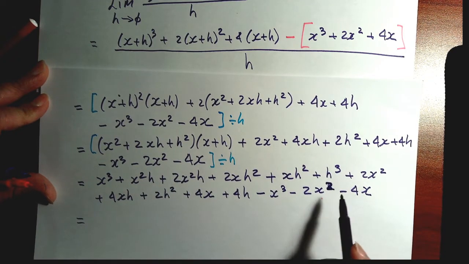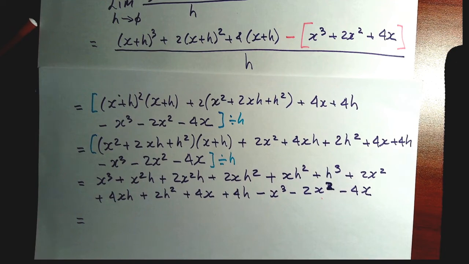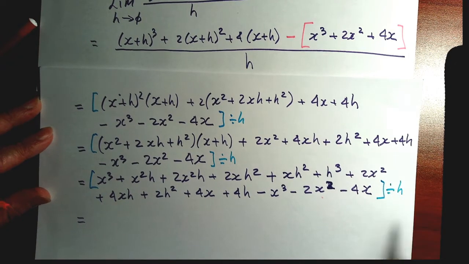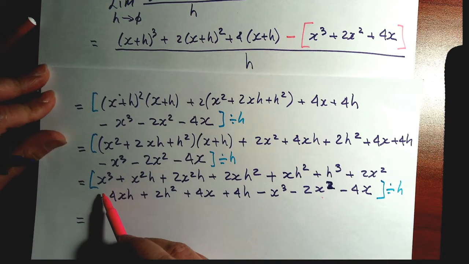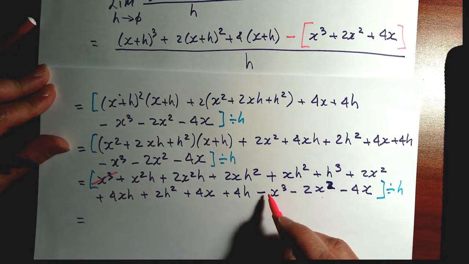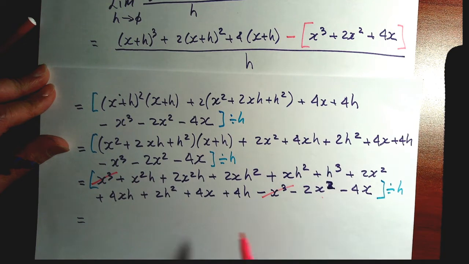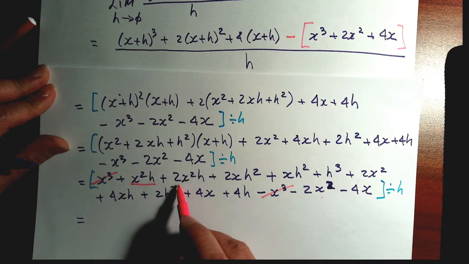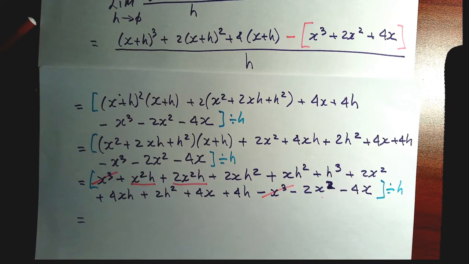Okay, when we have this, we can in fact simplify if we look for similar terms. Let's start. X cubed minus x cubed, so this goes out. X squared h plus 2x squared h, so I get 3x squared h.